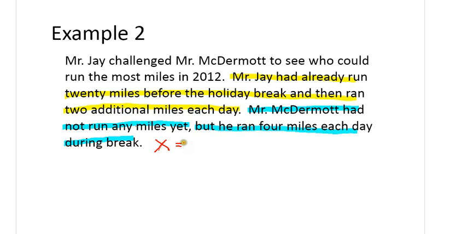Mr. J had already run 20 miles, each day. So this is going to be the number of days. And the y variable is going to be their total miles they run.